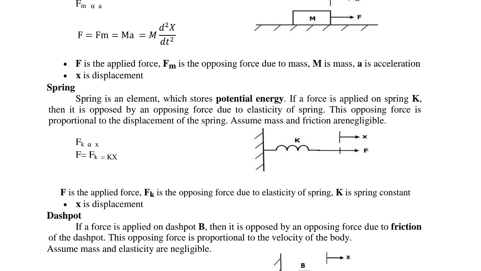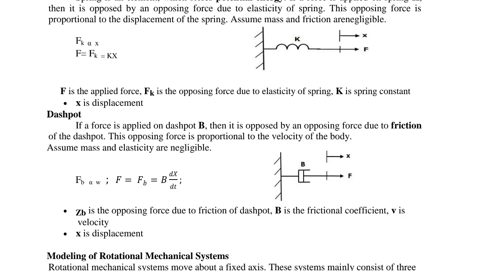Remember, acceleration is d square x divided by dt square and velocity is dx divided by dt. Here also you have to assume mass and friction are negligible. So the spring force Fk is directly proportional to the displacement of the spring. Taking the displacement as x, you can write F is equal to kx.